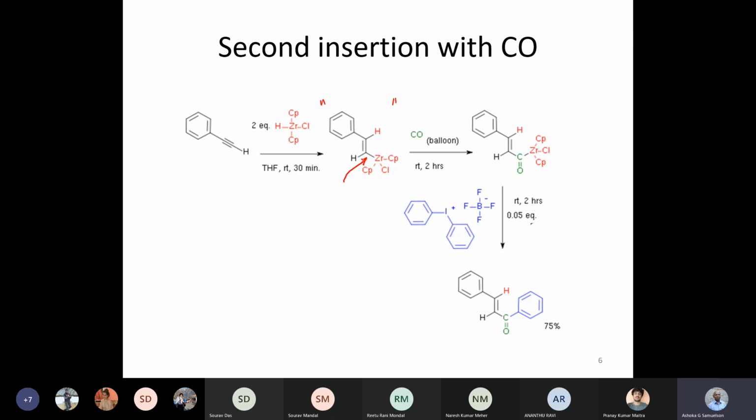If you add another neutral molecule like carbon monoxide, then the carbon monoxide also undergoes an insertion reaction. Now you end up with addition of hydrogen, carbon monoxide, and then it's an acyl.